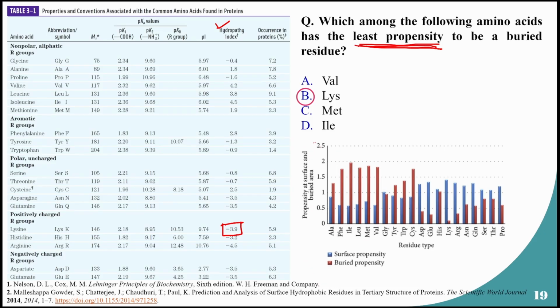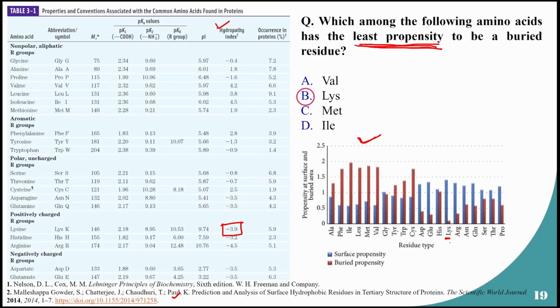And then in this particular plot, we are also seeing the surface propensity versus the buried propensity of all of the amino acids from the particular source that I have mentioned here. Okay. So in this plot also, you will see that for the highly charged amino acids, for example lysine, its surface propensity is much, much higher as compared to its buried propensity. So it's not that there is no lysine ever in a buried position, but that probability is very, very low.